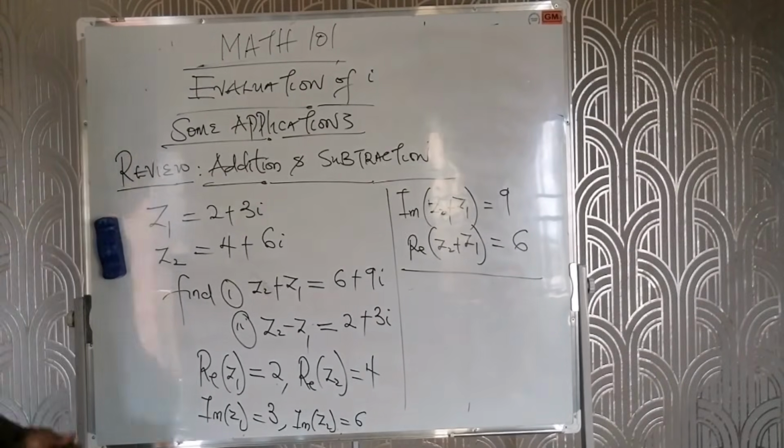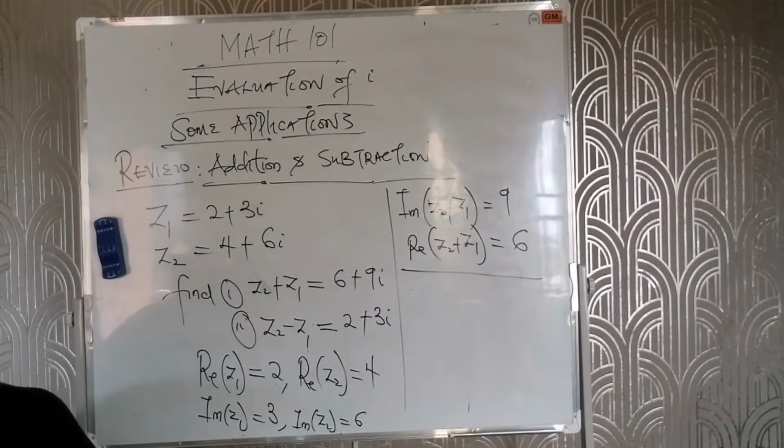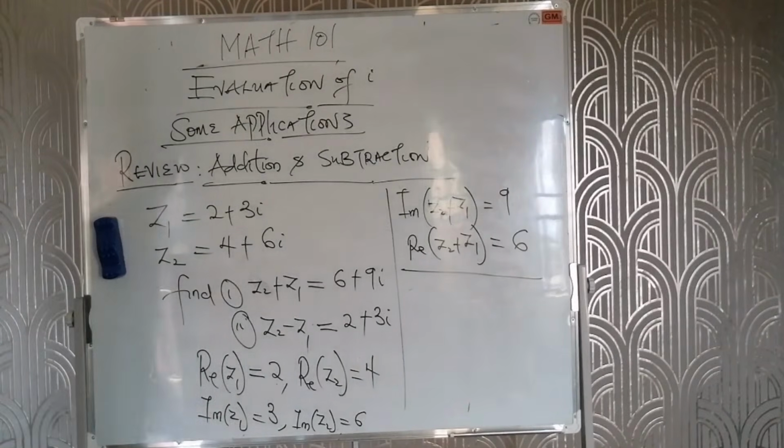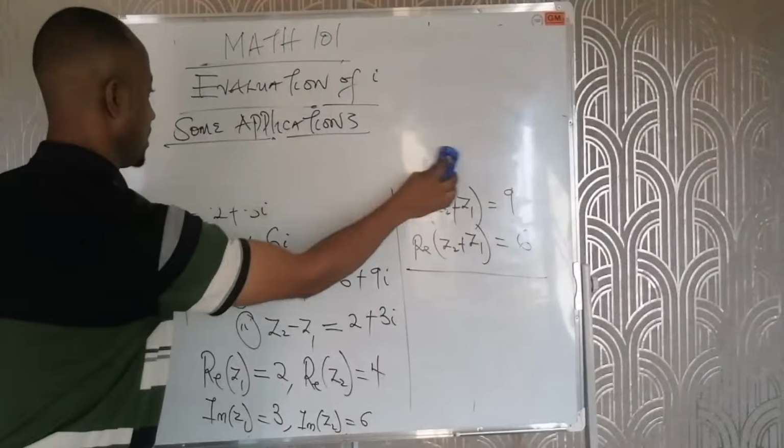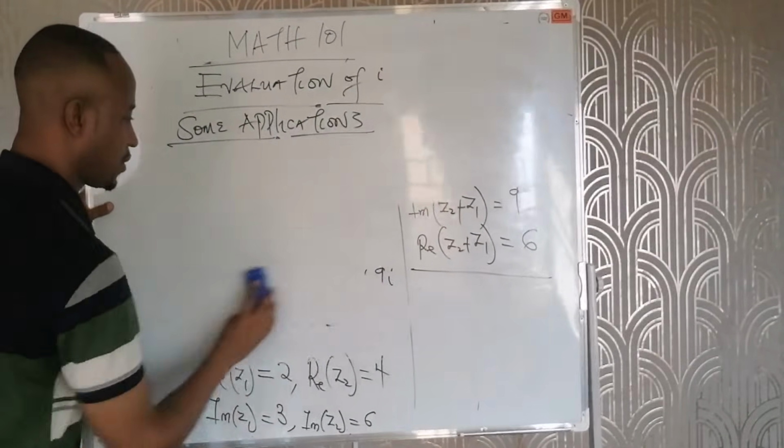Multiplication of two or more complex numbers.